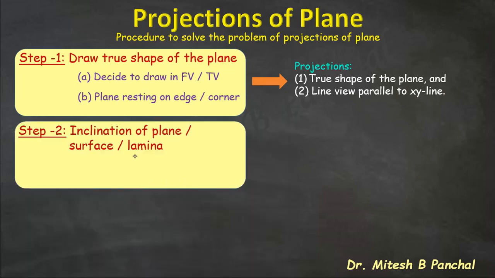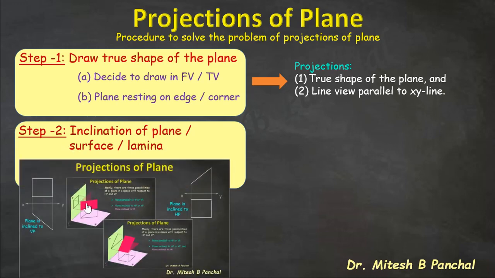Now second step is the inclination of the plane, surface or lamina. Okay. In the data, we can find either of these three words: plane, surface or lamina. So always we have to consider inclination of plane, surface or lamina in step 2.